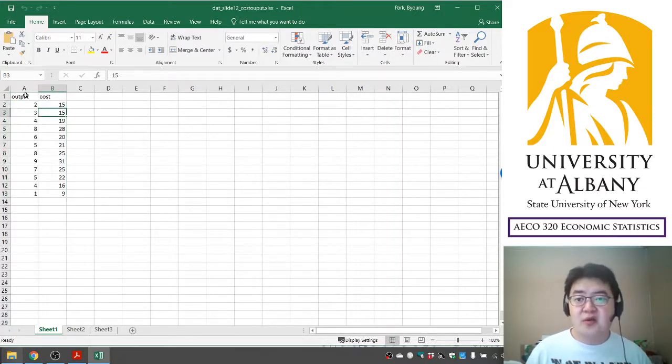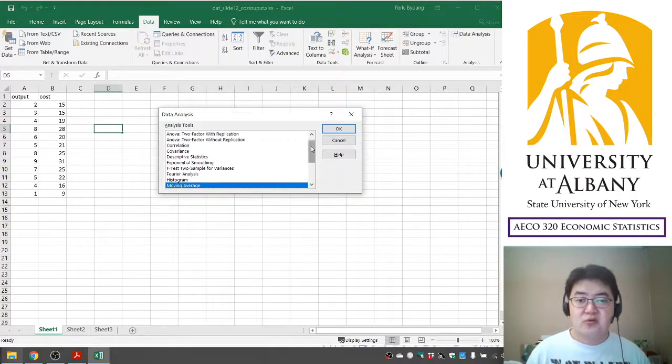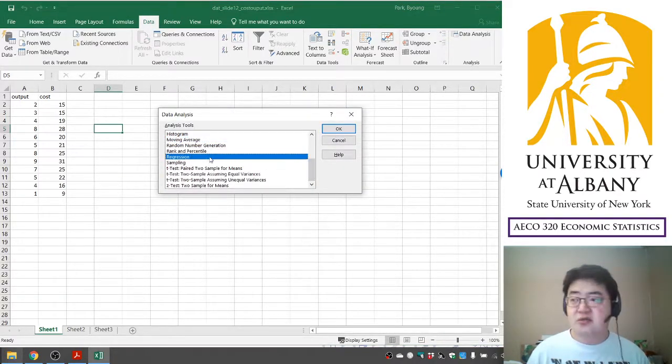And we are going to use regression model to estimate, to predict the cost. How do we do that? We go to Data tab and Data Analysis tab here. Go to Data Analysis. Then you can find regression option. Regression, okay.